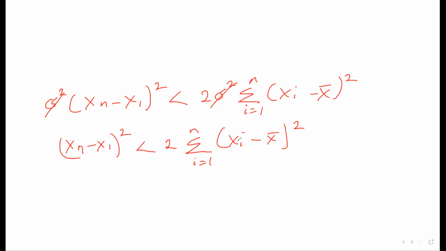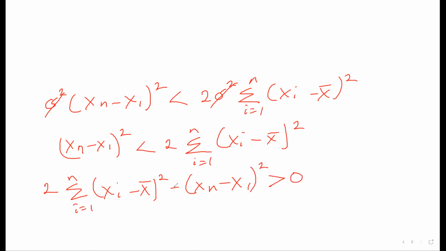If you transfer this term in here, you have minus xn minus x1 squared that is greater than 0. So we need to prove that this holds. How do we prove that?